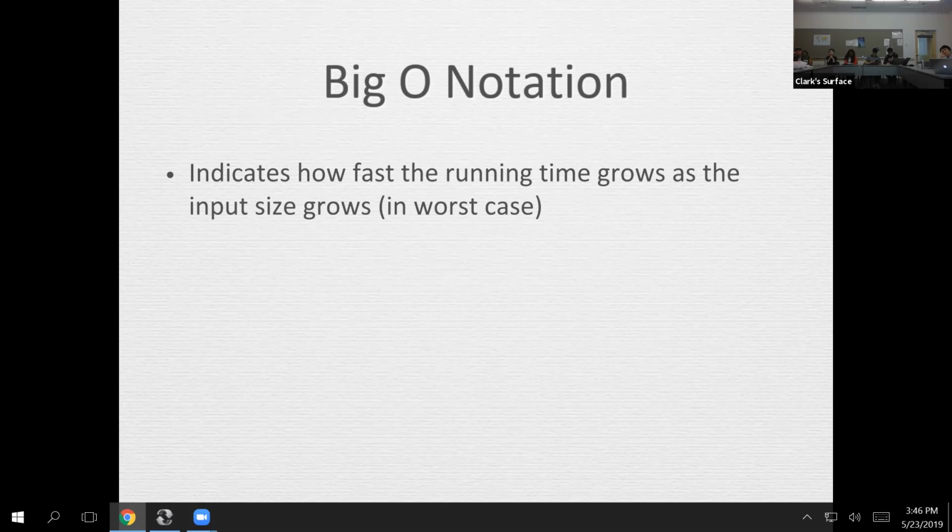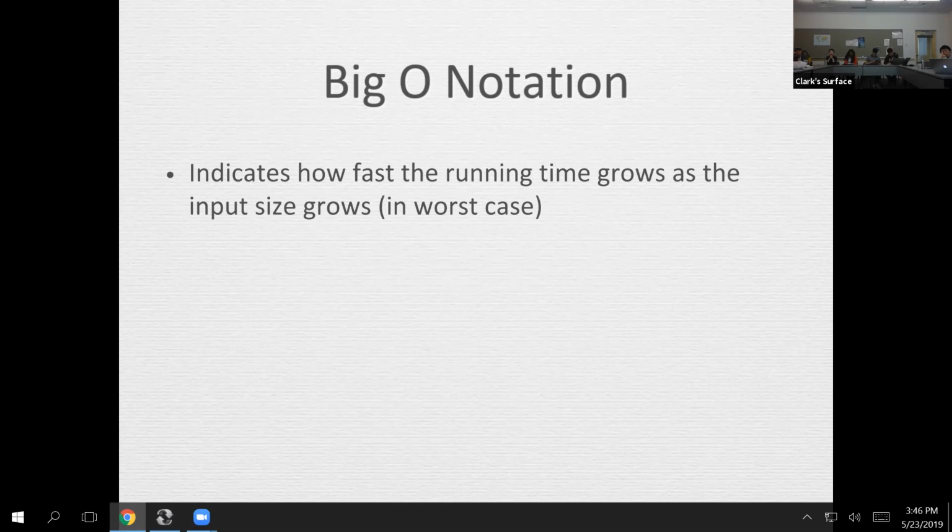So now we have the big O notation. What's big O notation? Big O notation indicates how the runtime grows as the input size grows, in the worst case.